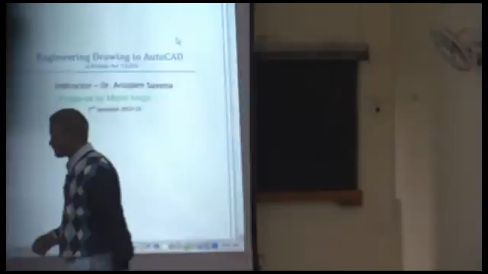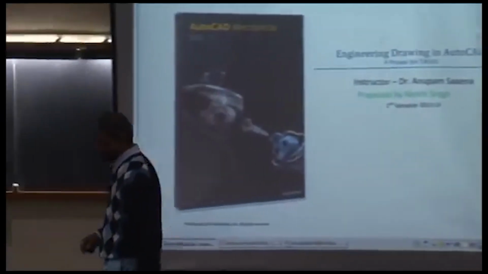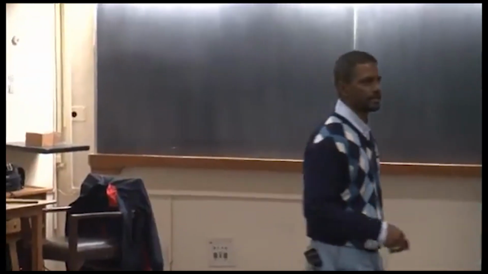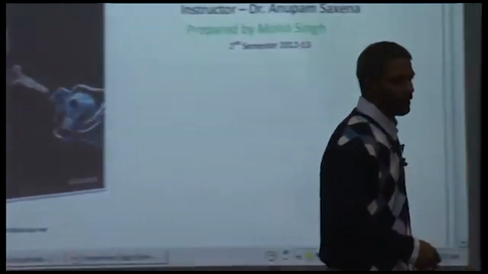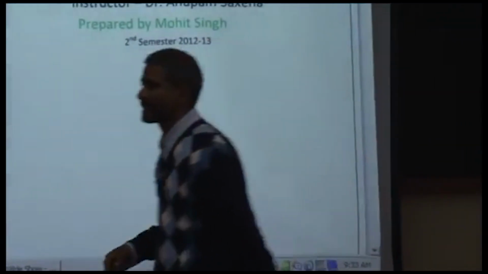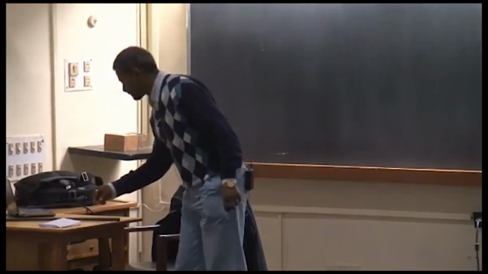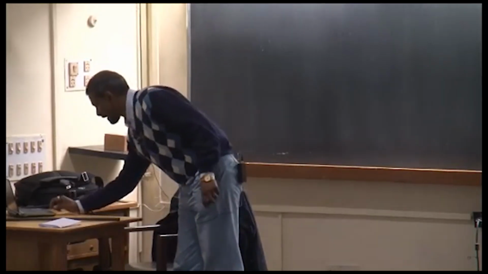I believe that in the labs we also have an internet connection, so if you don't want to take a printout, you can access it through the net. But I would suggest that you take a printout and have a copy with you while you're working with the problems in AutoCAD.